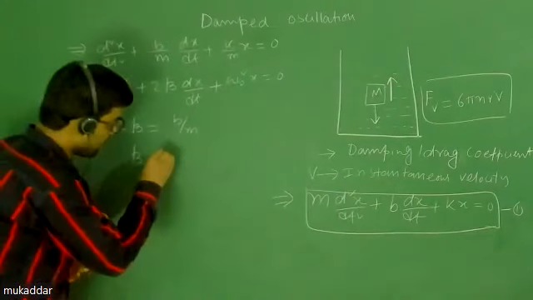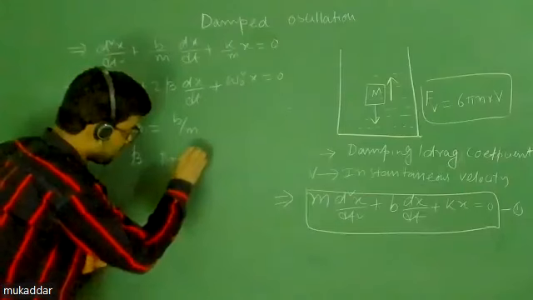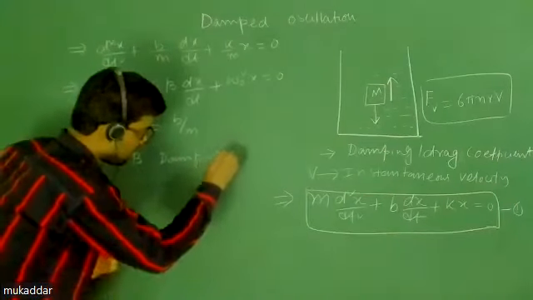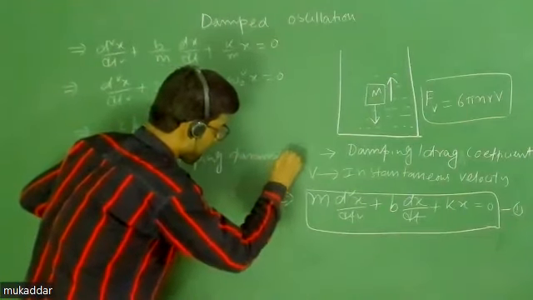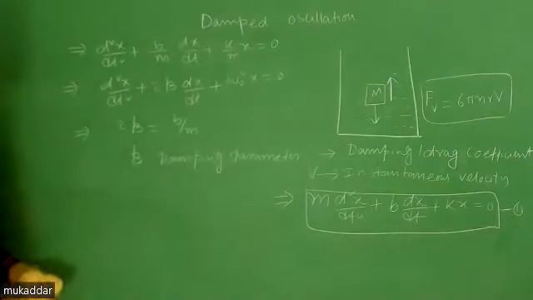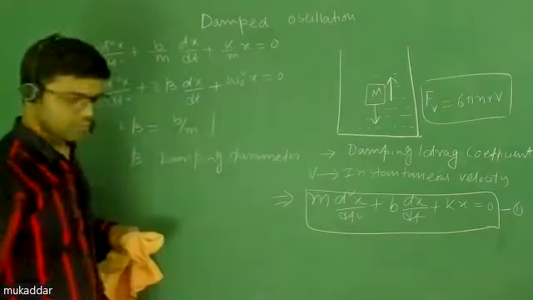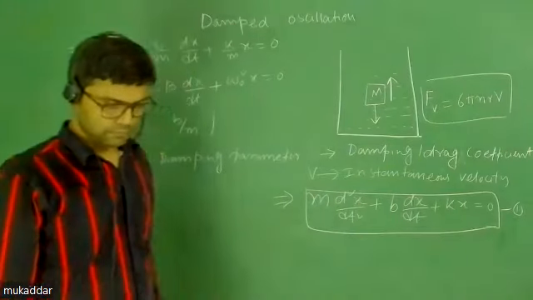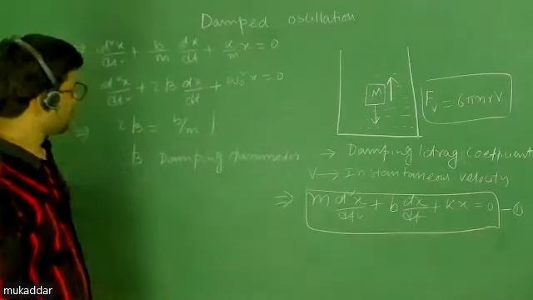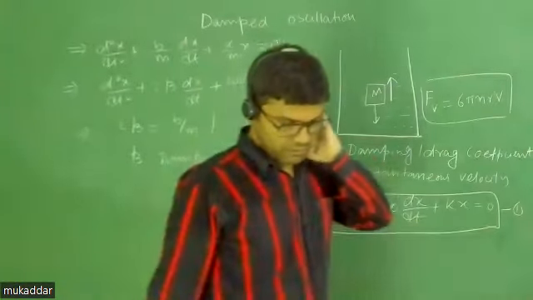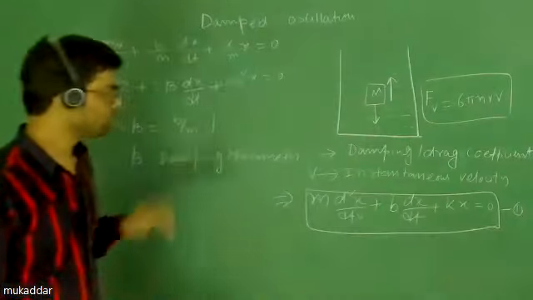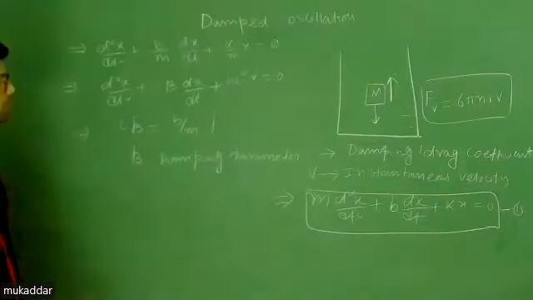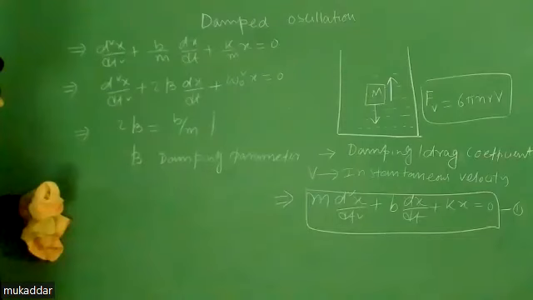This is called the damping parameter. And why do we introduce a factor of 2 when writing this constant? To make that calculation simple.